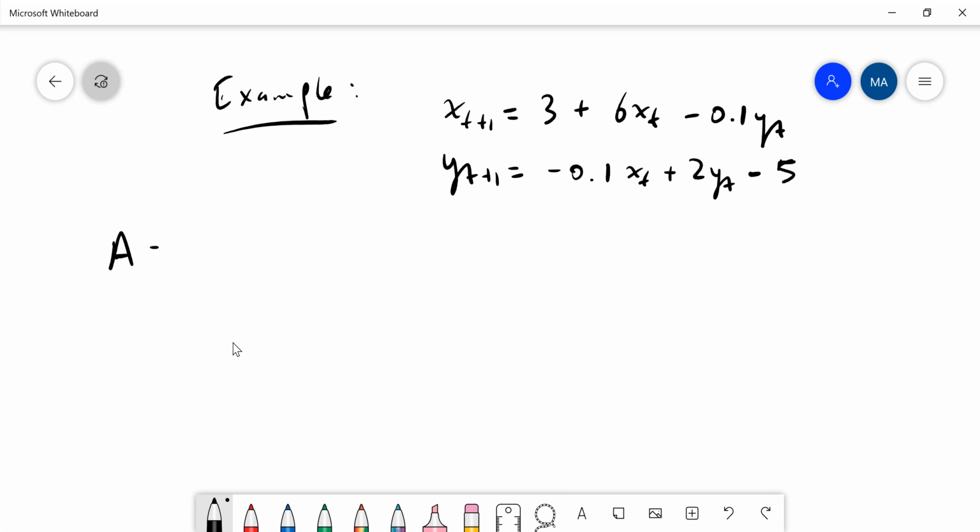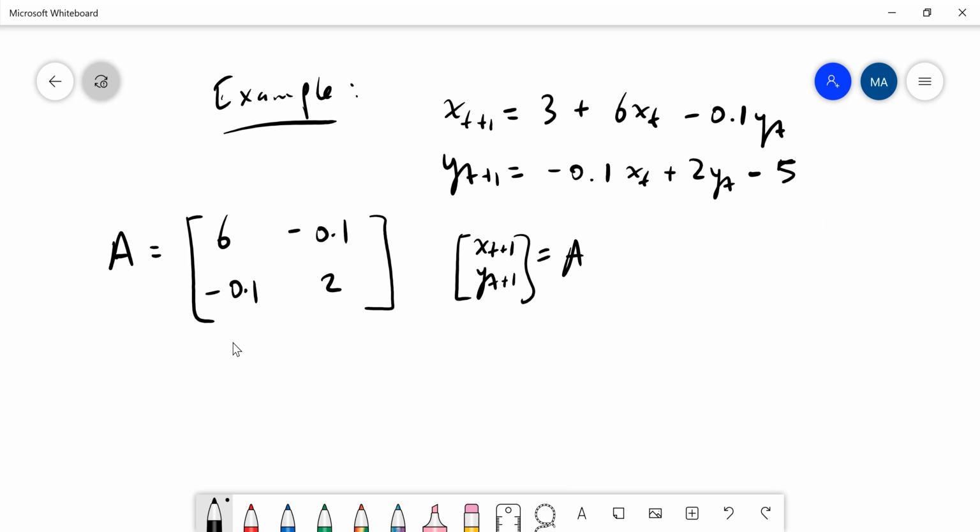So obviously, let me just solve it. The A matrix is 6, -0.1, -0.1, 2, right? So your system is (x_{t+1}, y_{t+1}) equals A times (x_t, y_t) plus 3 here and -1 here.